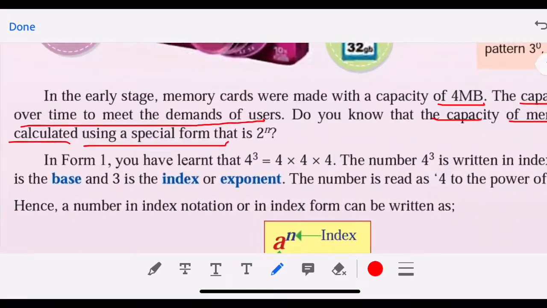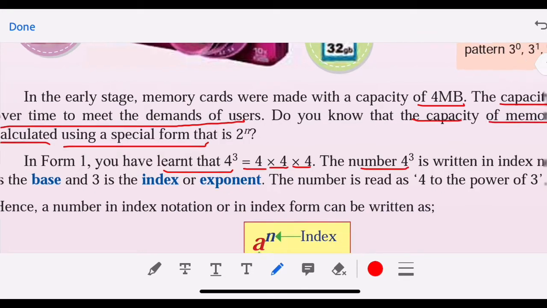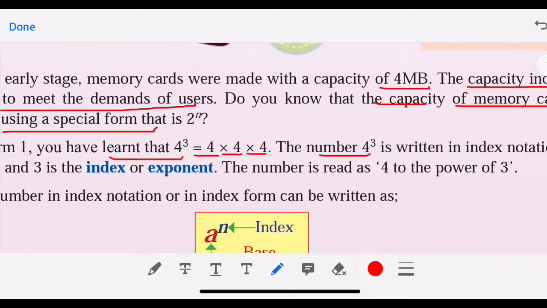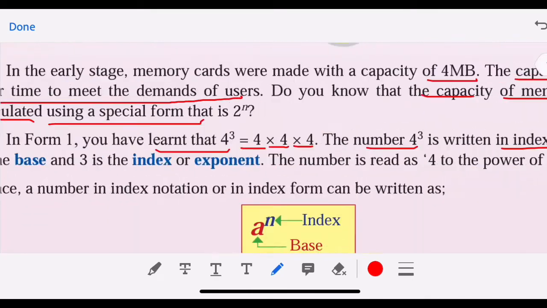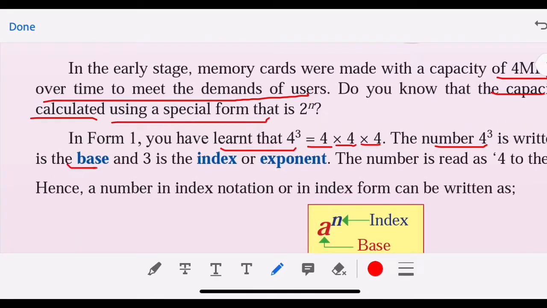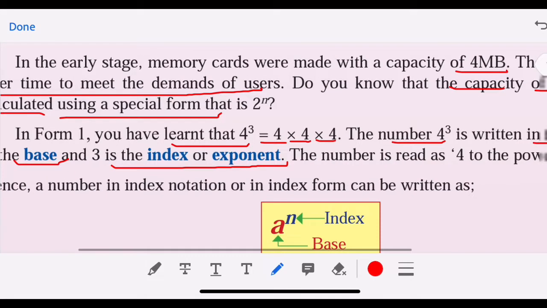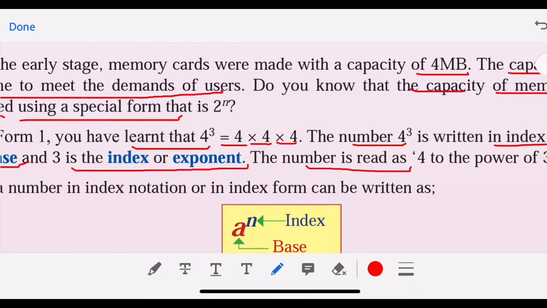In Form 1, you have learned that 4 power 3 is 4 times 4 times 4. The number 4 power 3 is written in index notation. 4 is the base and 3 is the index or exponent. The number is read as 4 to the power of 3.